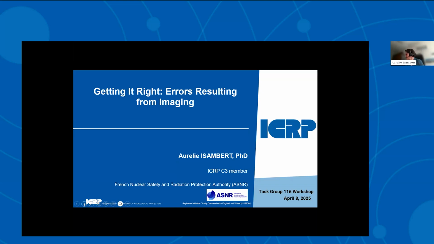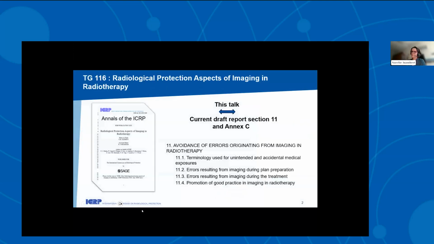Yes. Here, okay, sorry. So my talk today corresponds to the current draft report section 11 in Annex C, whose title is Avoidance of Errors Originating from Imaging in Radiotherapy.